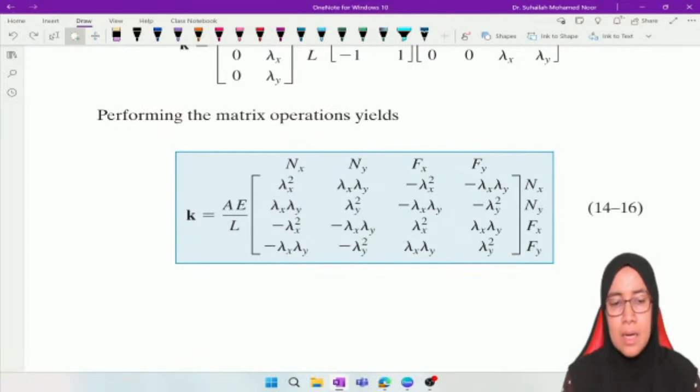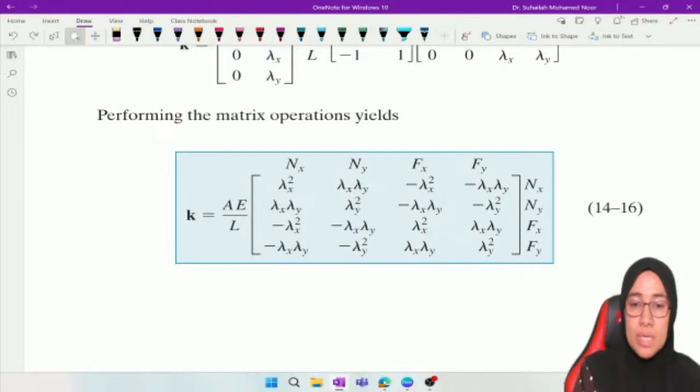But since 2 or 3 semesters ago, we have actually changed the symbol used for CX and CY to lambda X, lambda Y. So it is actually the same thing. Don't worry, it is the same thing.